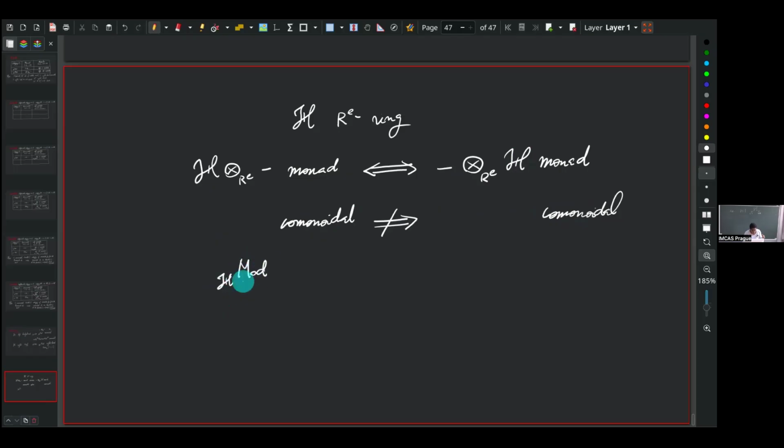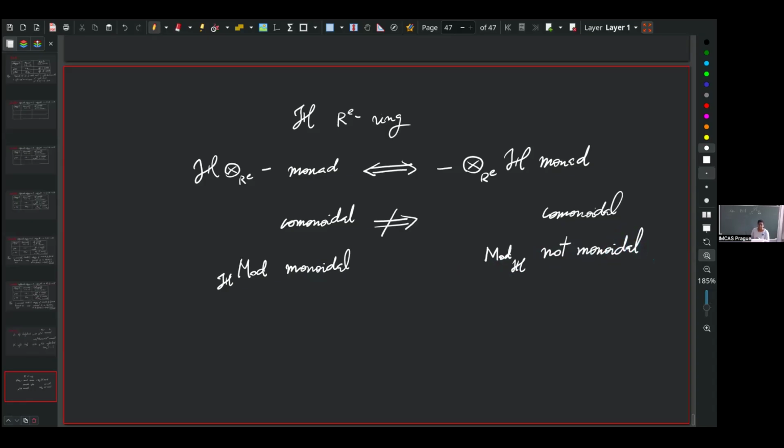for a left bialgebroid, the category of left modules is always monoidal, but the category of right H modules is not monoidal.